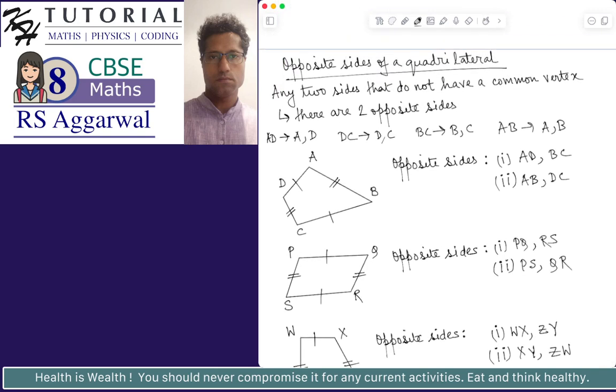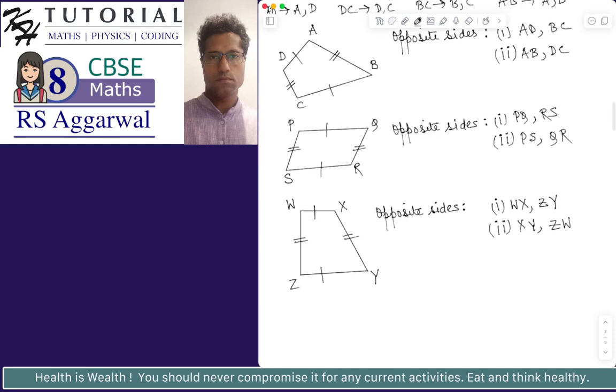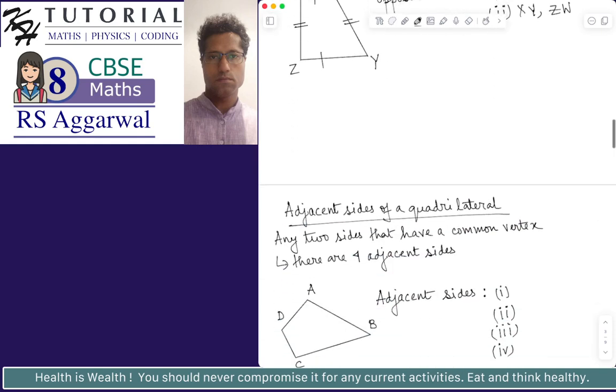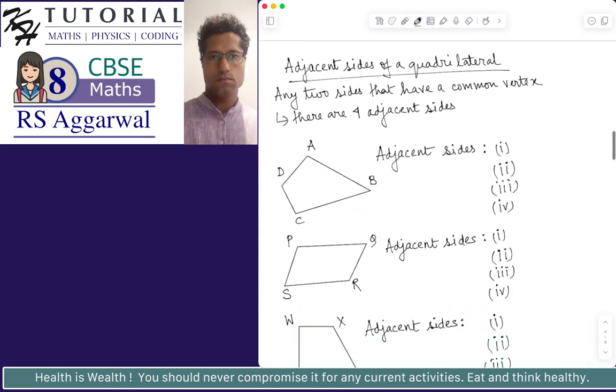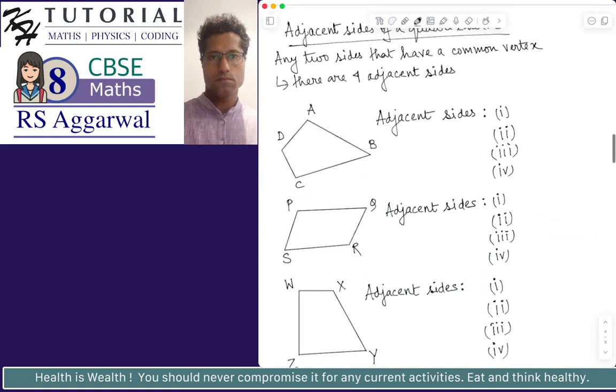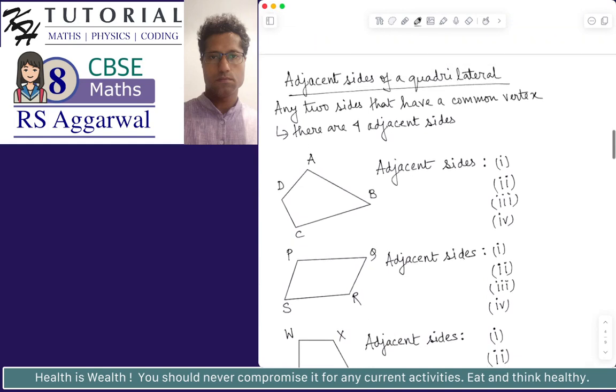Okay. Now let's see what is a pair of adjacent sides of a quadrilateral? What do we mean by a pair of adjacent sides of a quadrilateral? The definition says that any two sides that have a common vertex. Any two sides of a quadrilateral that have a common vertex or common endpoint.